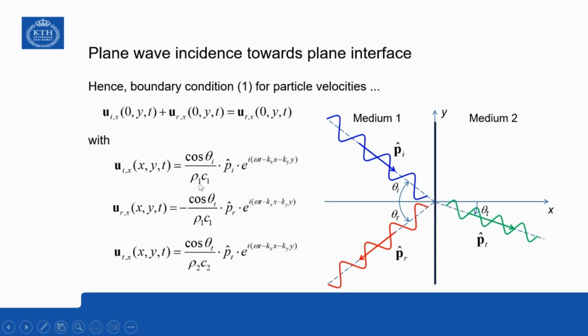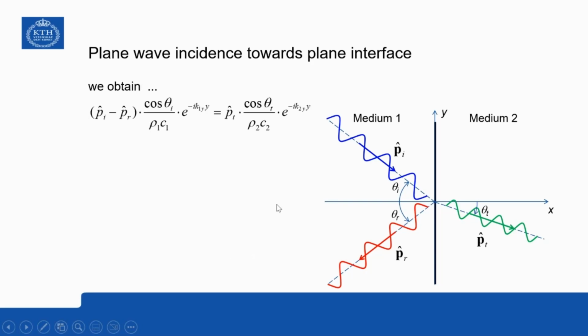And also the rho and c, of course, change when we pass the interface from 1 to 2. So this condition, with these inserted and x equal to 0, will give us this condition.